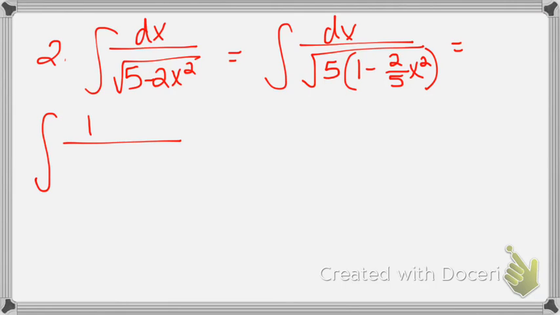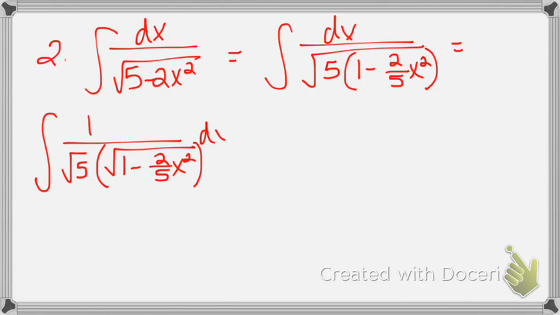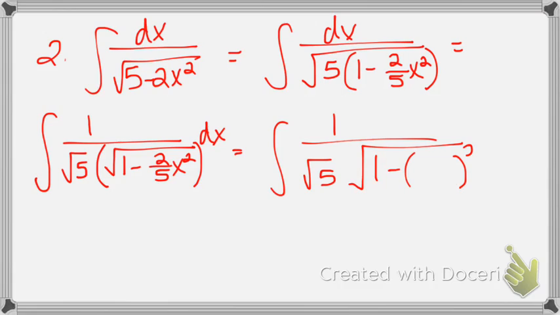Just like we did the square root of 4 last time, how we pulled it out, I'm going to pull out the square root of 5. But we don't know the square root of 5, so I'll leave it underneath there. I need it to be something in parentheses squared.